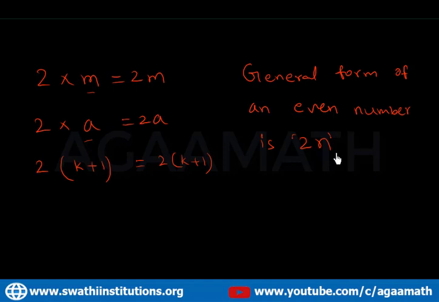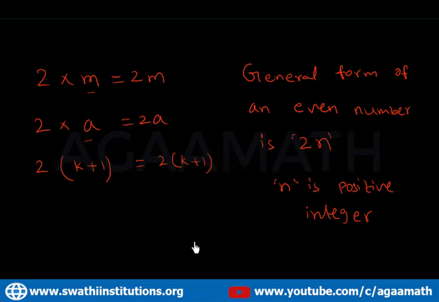In the place of n you can use any variable like 2p, 2k, 2l, 2j, any. Here n is a positive integer. This is about the general form of an even number.